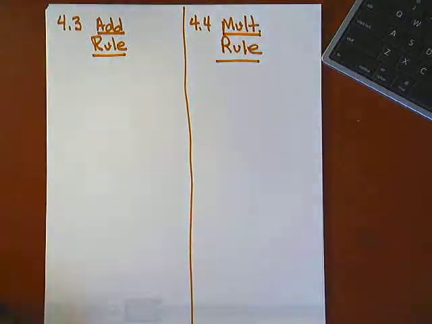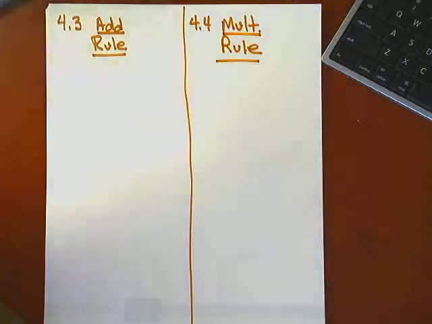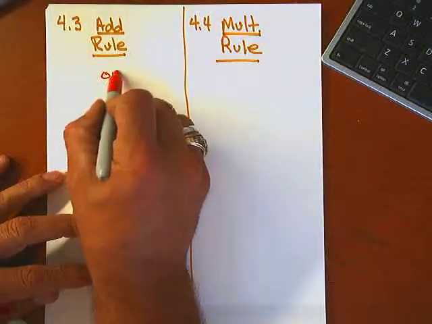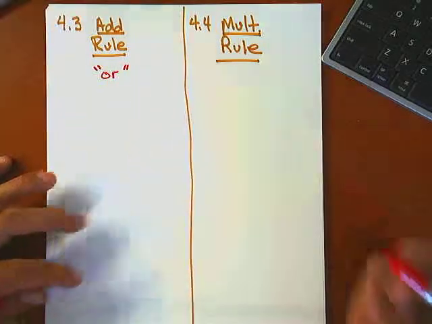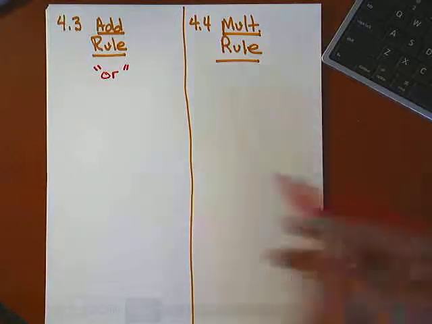Alright, now the reason I'm comparing them is because they both have little quirks about them that you need to make known. The first one, whenever you see the word or, you know you're going to use the additive rule. The probability of this or the probability of that.